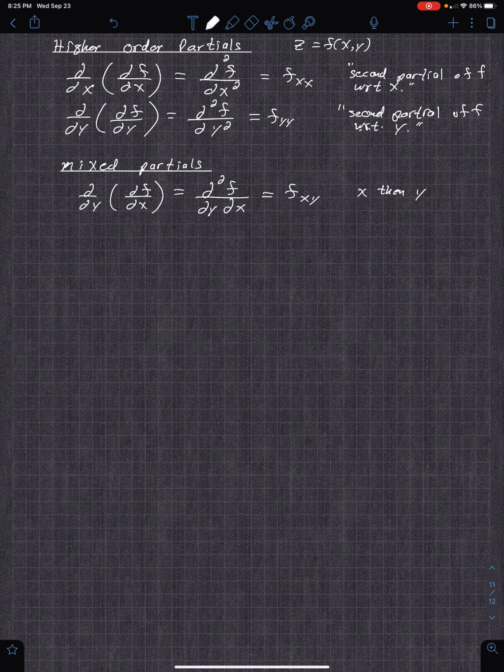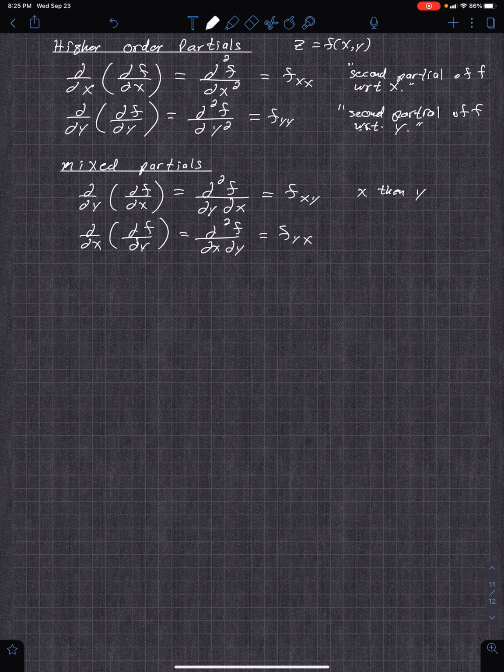You've got to say each case. Then we can go the other way. So partial with respect to x, partial f with respect to y. Notation's looking weird there. Partial squared f with respect to x with respect to y. So it's partial yx. And you could go in any order.